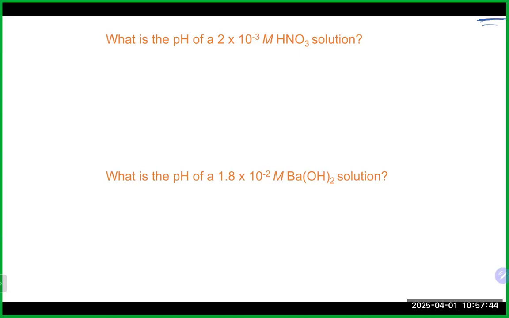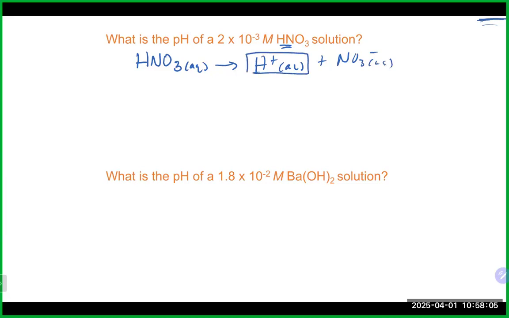So first off here, we have nitric acid, which is a strong acid, which means it's a strong electrolyte. It is one of those 6 there that you really should know. That's going to break apart into H plus and nitrate. And obviously here, in terms of the pH, that is the most important thing.